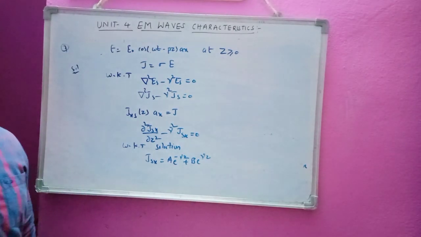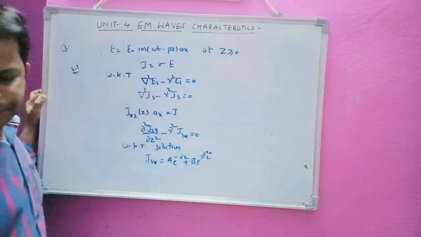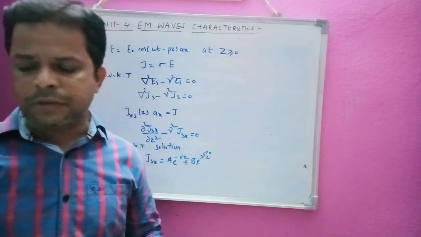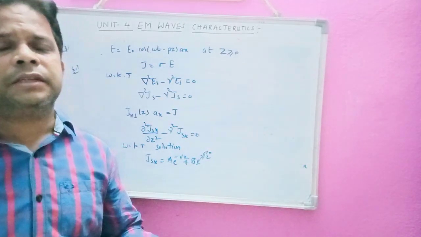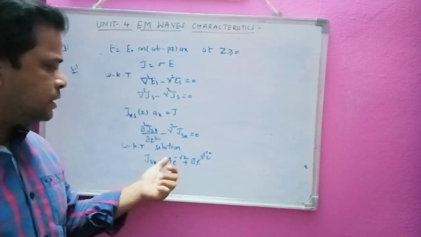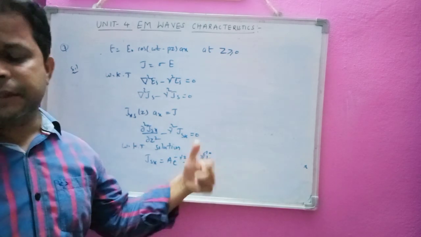So we are going to take only this one, so we will consider B as 0. We are considering that the constant B must be 0 because Jsx is finite at z equal to infinity. That is, the field J is finite at the value z infinity.